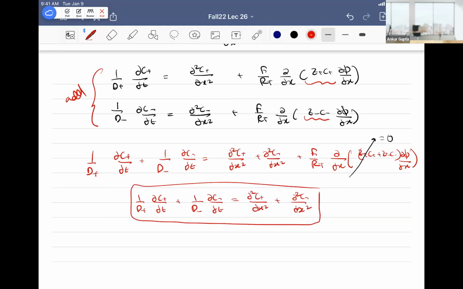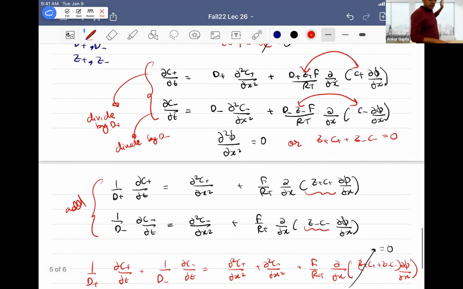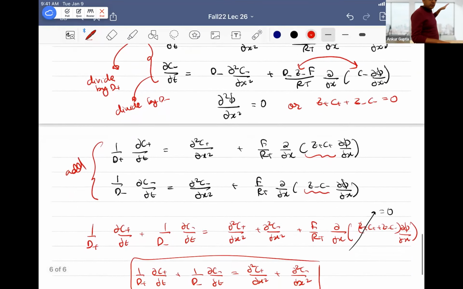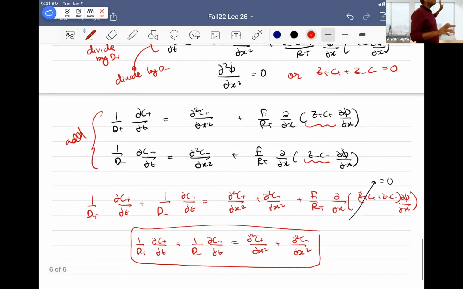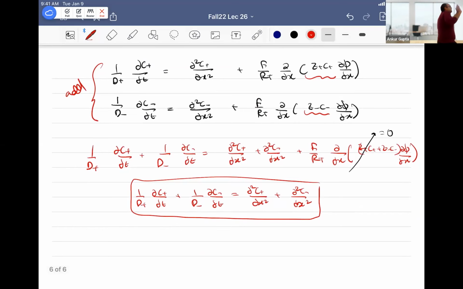Do you think this equation is helpful, or do you think there is something else we can do here? Let's recap. We had these equations. We used the electroneutrality to get rid of the φ term. So I have now an equation in terms of C+ and C−. Great. I don't have φ, which is good. But what else can I do?